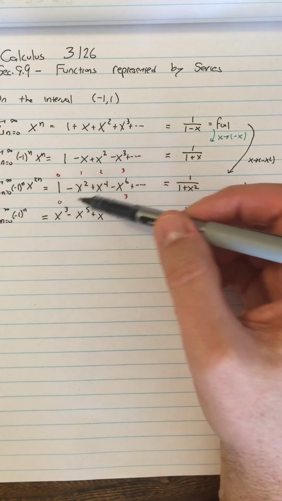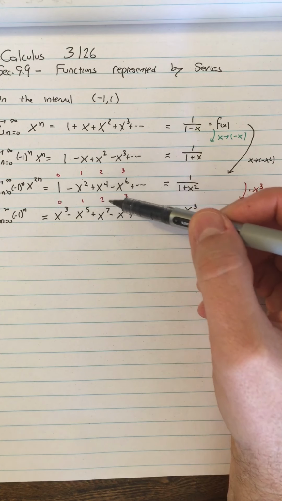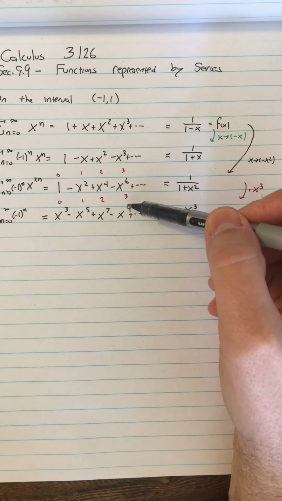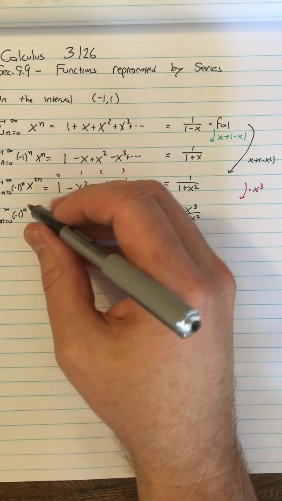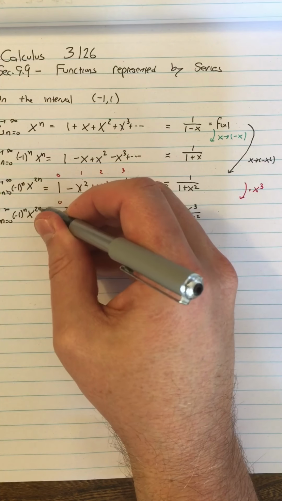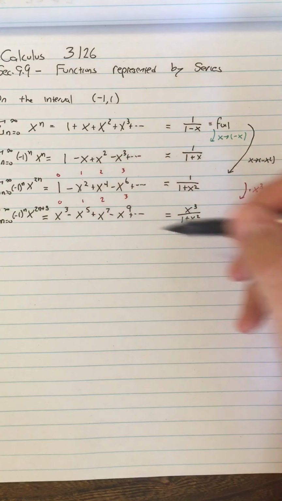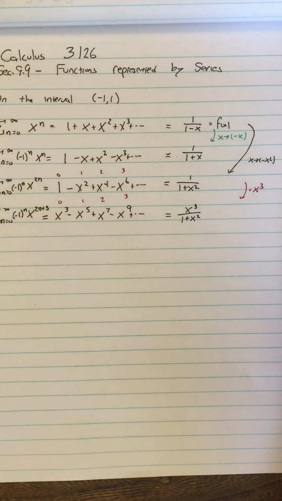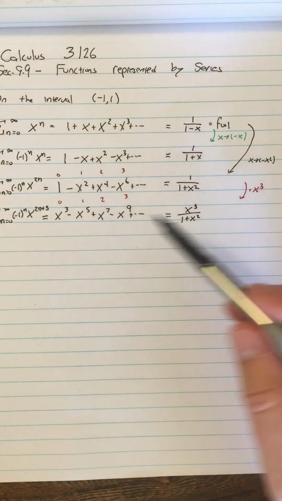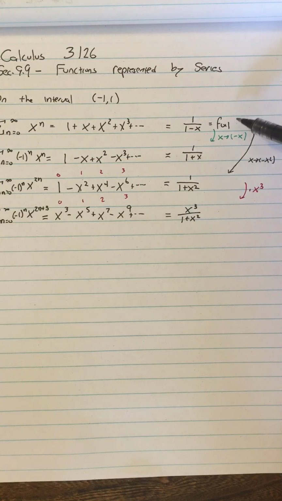So 2 times 1 plus 3, 2 times 2 plus 3, 2 times 3 plus 3. Yeah, that works. So it's x to the 2n plus 3, which also illustrates how you have to think about that formula a little bit. All right, so now I've come up with 4 new series representations of different functions by doing substitutions and by multiplying by something. And the next thing we're going to find out is the very cool fact that you can also differentiate and integrate these things.